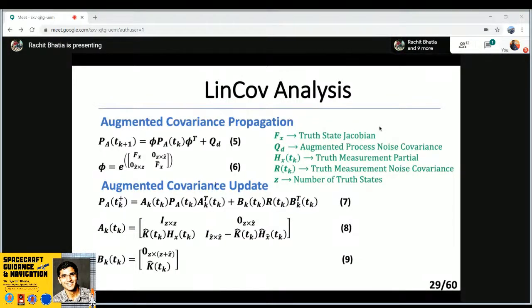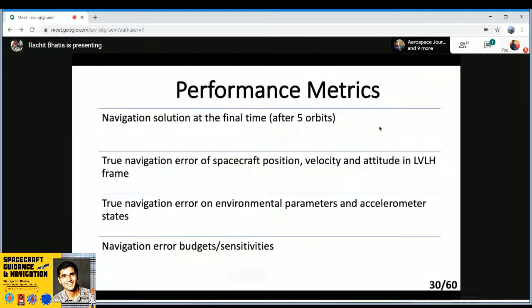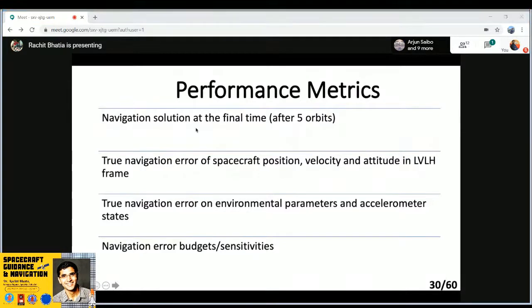The only caveat here is that you have to linearize the problem first and then solve it. But for orbital dynamics problems, the problems usually are very linear and very easy to work with. So you can easily use linear covariance analysis. As I've already defined, the performance metric here is the navigation solution at the final time. What is the position error?